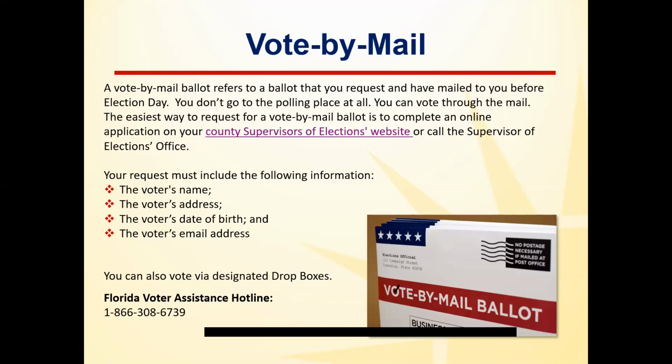That's all done through your local supervisor of elections, and you could also reach out to them. If you're not able to figure that out, you can contact the local supervisor of elections, and they can give you some insight on how to confirm that your vote's been received. I know people are worried about that.